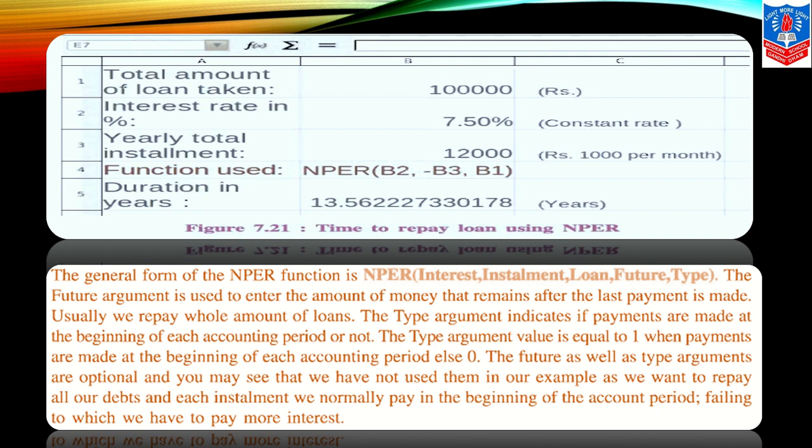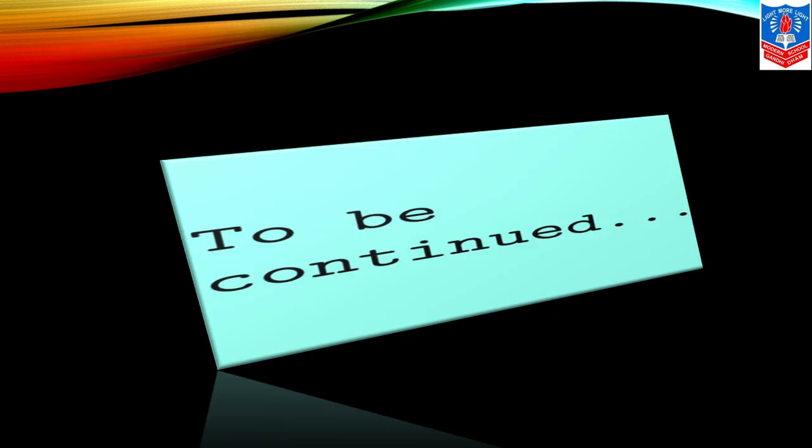Type is equal to 1 when payments are made at the beginning of each accounting period, otherwise 0. The future as well as type arguments are optional. You may see that we have not used these two arguments in our example. As we want to repay all our debts, and each installment we normally pay at the beginning of the accounting period, failing which we have to pay more interest. I hope you understood, children.